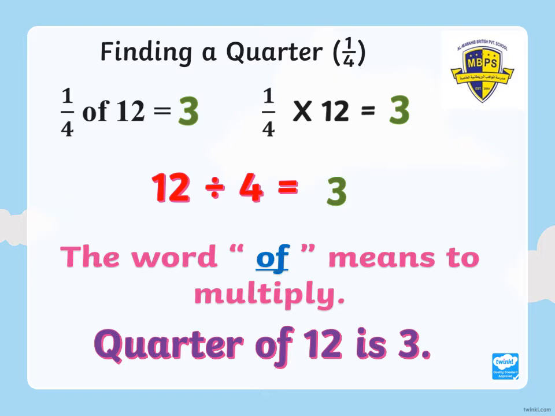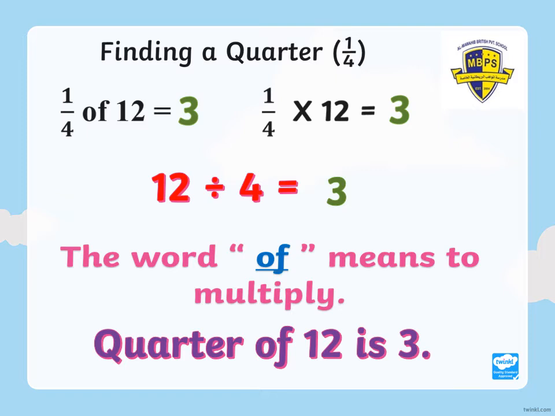Come on, now students, on this slide you are going to help me to find 1/4 of 12. Again we repeat, the word of means to multiply. And the fraction here, 1/4, is again a unit fraction because we have 1 in the numerator. Now, when we say 1/4, by which number do you have to divide?